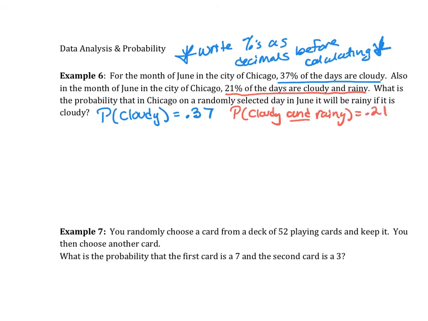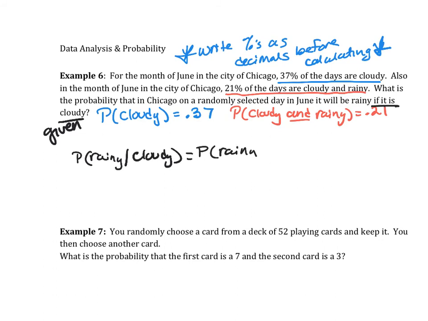So then it wants to know what is the probability that in Chicago on a randomly selected day in June it will be rainy if it is cloudy. If it is cloudy is the given information, so that's going to be your new denominator. So probability of rainy given cloudy would be the probability that it's rainy and cloudy divided by the given probability, which is that it's cloudy.